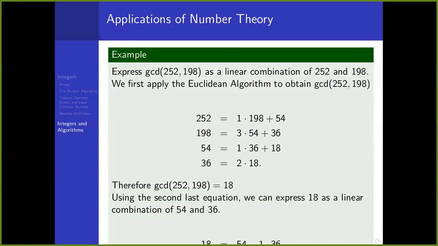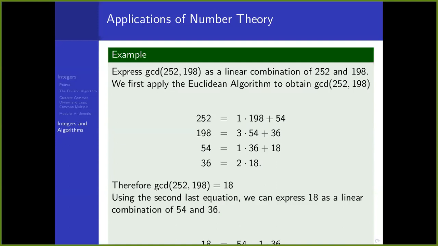So here we have two numbers, 252 and 198. And we are asked to express the greatest common divisor of the two numbers as a linear combination of 252 and 198. So we will apply the Euclidean algorithm to the two numbers to find the GCD.